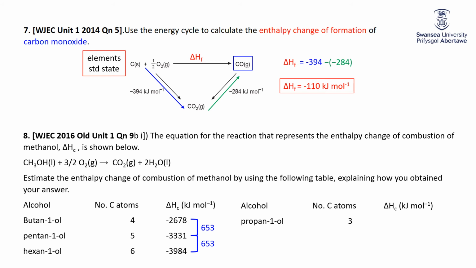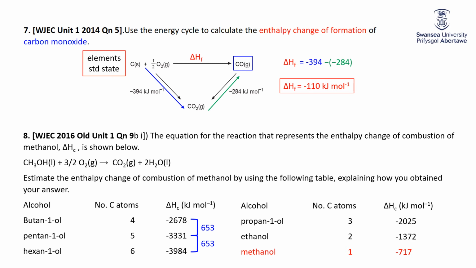Let's look at propanol, which has 1 fewer carbon than butanol. So we'll just take 2678 and now subtract 653 from that, and we get 2025. Go down to ethanol, take away another 653 worth, and we get 1372. So methanol, take one more set of 653 away, and we get 717.